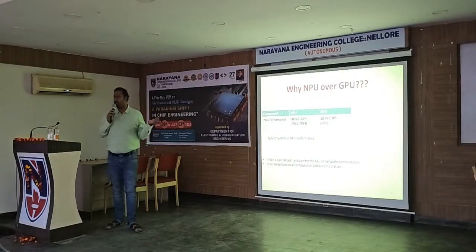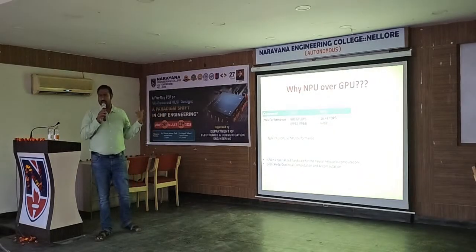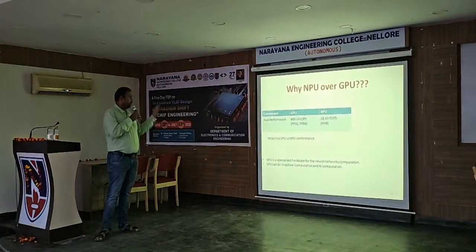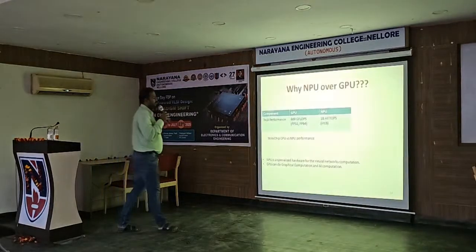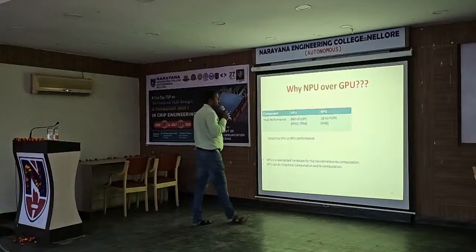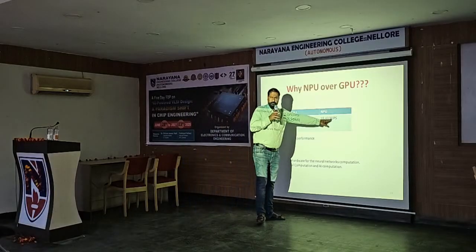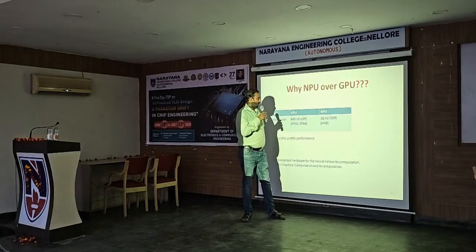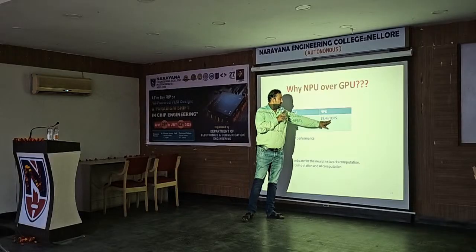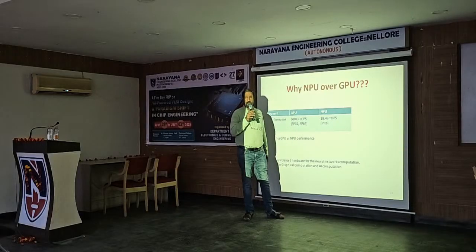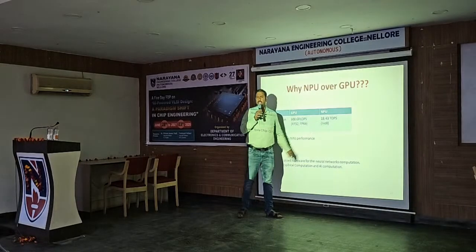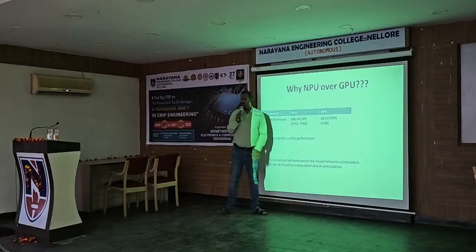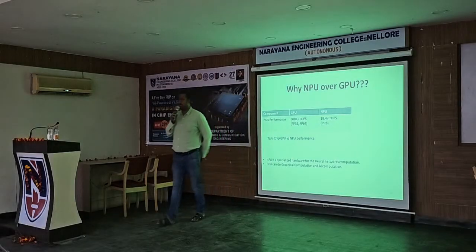Giga means here 10 power 9 operations. In case of NPU, you can do 18.43 tera operations, sorry, trillion operations per second. T means trillion, and it is in int8. Basic is integer 8 operation. The GPU will do floating point 32 or 64.